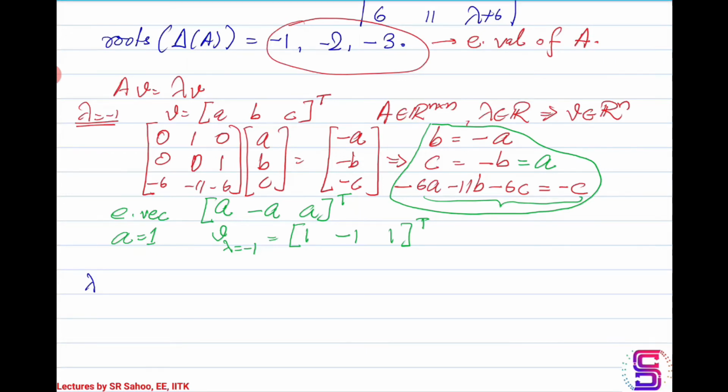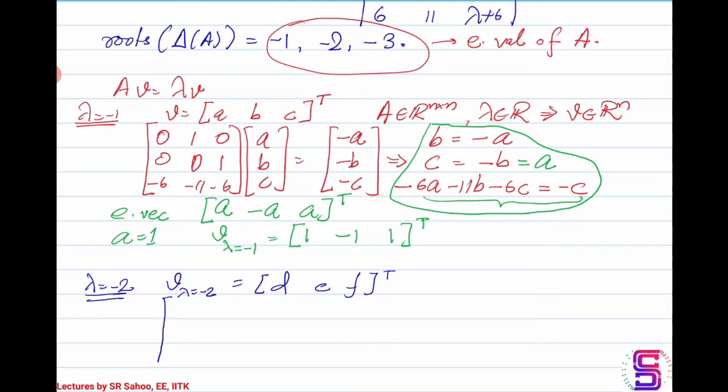Now similarly, if you go for lambda equal to -2, let's say I am trying to find the eigenvector corresponding to -2. I'll label it as D, E, and F transpose.